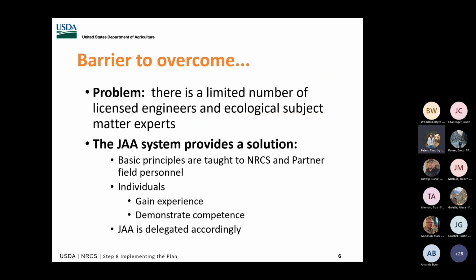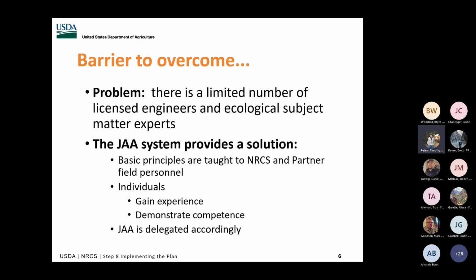So around the country, most states only employ a handful of professional engineers, and that was one of the answers to the question that we asked originally, to work under the state engineer's stamp. And that's mostly true. The state engineer is delegated authority by the agency. So I have authority to do projects to a certain job approval level.